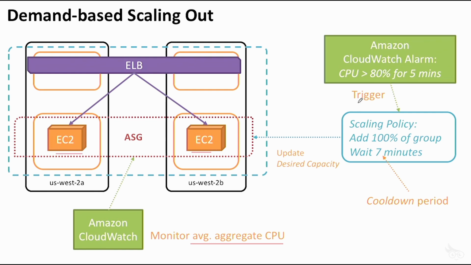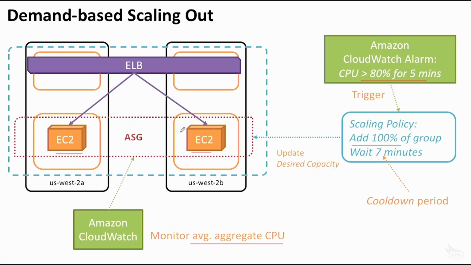So what we're going to say is that when the aggregate average CPU of the auto-scaling group is above 80% for 5 minutes, at that time, when that particular threshold is breached, we want to trigger a scaling policy.